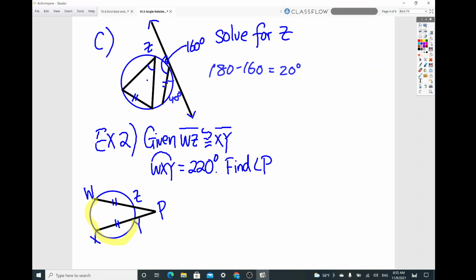If this arc here is 40, this arc here has to be 40 as well, because it shows the corresponding chords. So the measure of this angle, being bounded with those two chords, is an inscribed angle, and an inscribed angle is always half of the corresponding arc. So this one would be 20 degrees. So angle Z is 20 degrees.